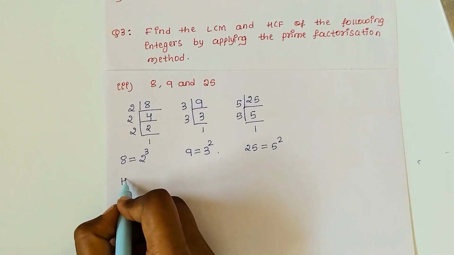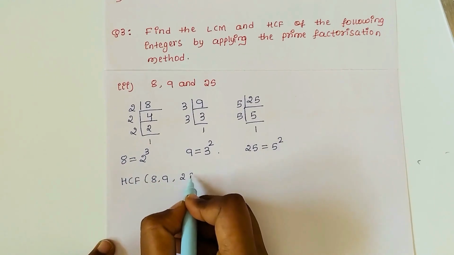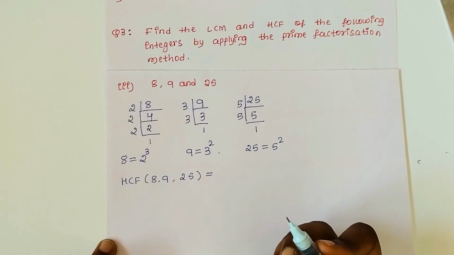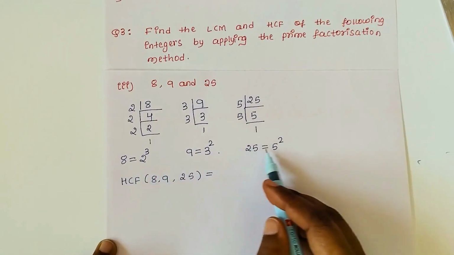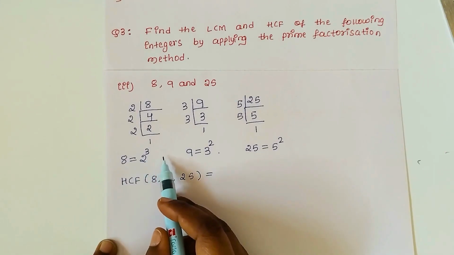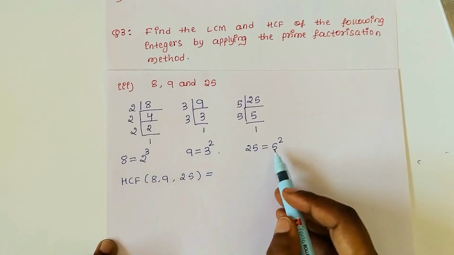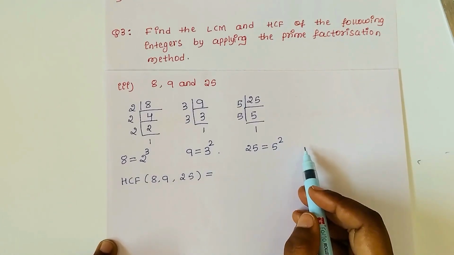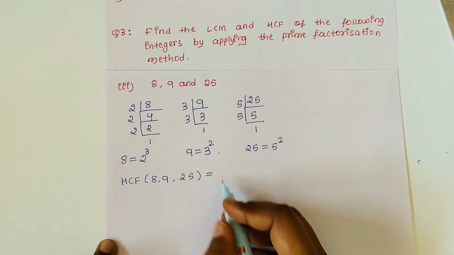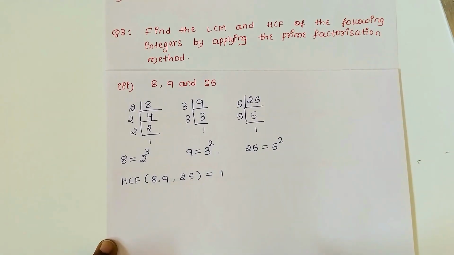Now write down the HCF of all these three integers. See, none of the primes is common here. We'll write this 2 to the power 3 into 1 is 2 to the power 3. 3 to the power 2 into 1 is 3 to the power 2. 5 to the power 2 into 1 is 5 to the power 2. So what is the HCF? HCF of the integers is 1 here.